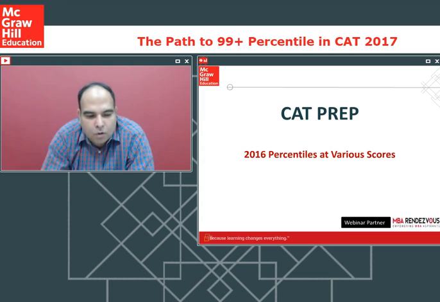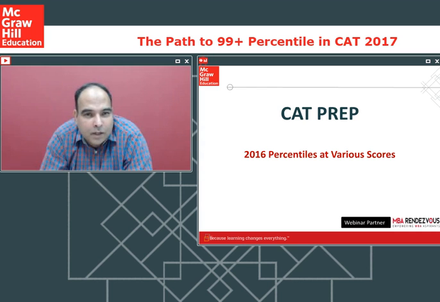So 150 to 155 was a 99 percentile, and 210 was a 100 percentile.